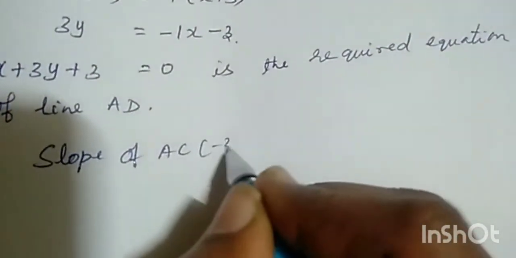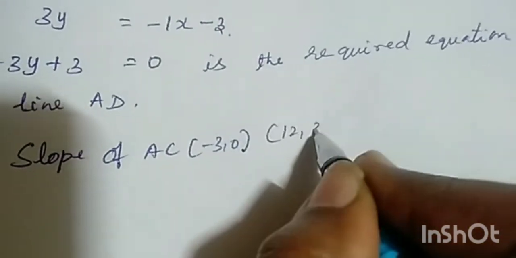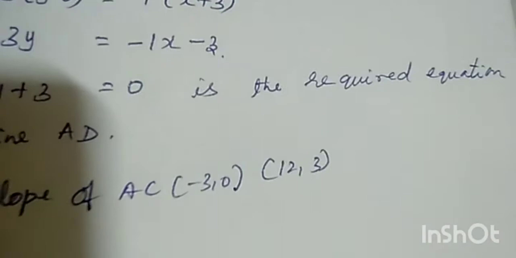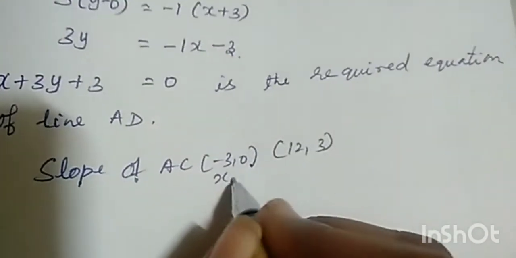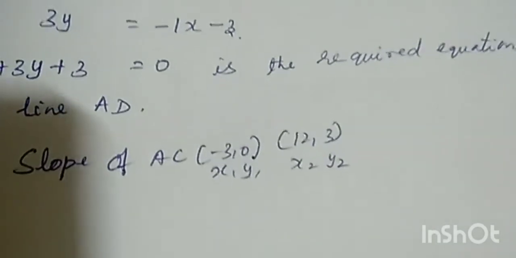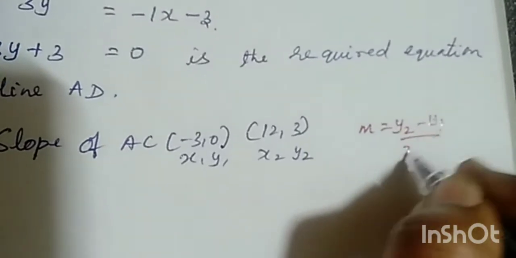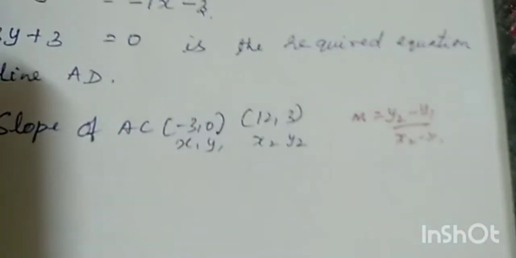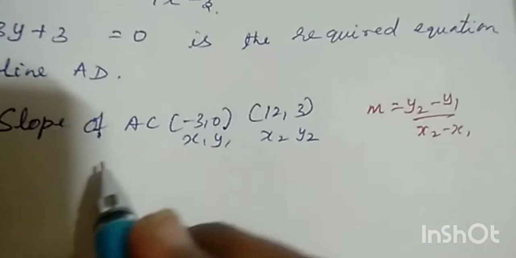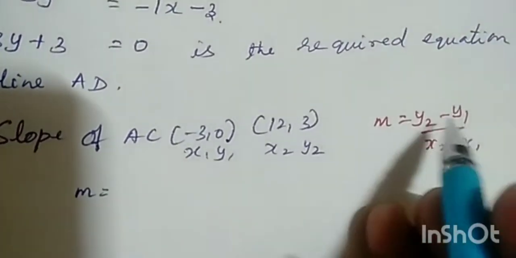A is minus 3, 0 and C is 12, 3. x1, y1, x2, y2. The same slope formula will be used: m is equal to y2 minus y1 divided by x2 minus x1. Already we have written it in the same sum, so if you want, you can repeat it. Otherwise, if you have memorized it, you need not write.